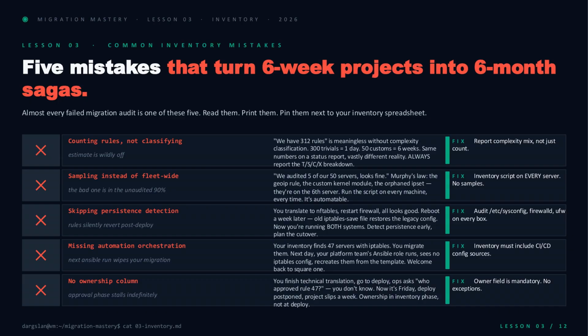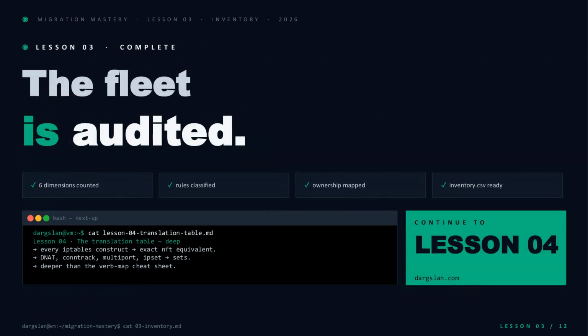You'll translate cleanly, then watch iptables-save restore the legacy config on the next reboot. 4. Missing the CI/CD layer, because the next Ansible run will happily wipe your migration. And 5. No ownership column, which turns deploy day into a stalled approval thread. Each one has a fix. Print this slide. And that's lesson 3.